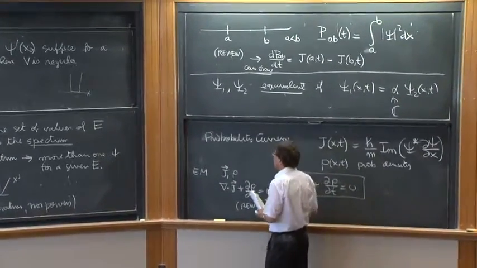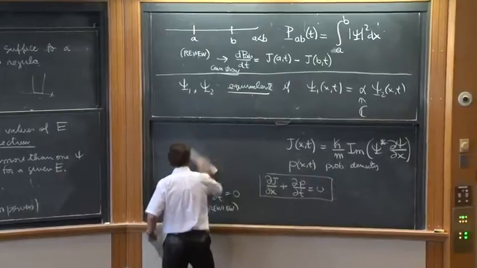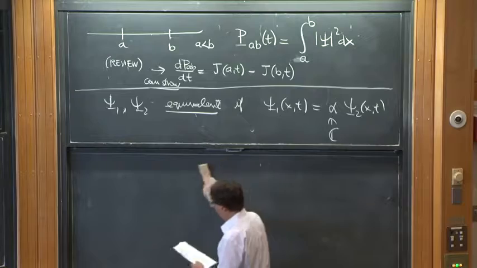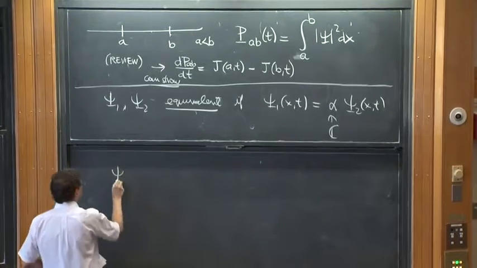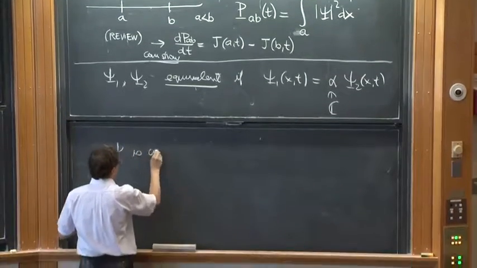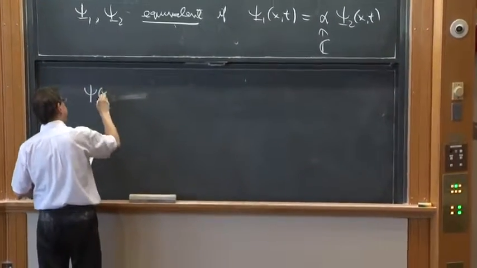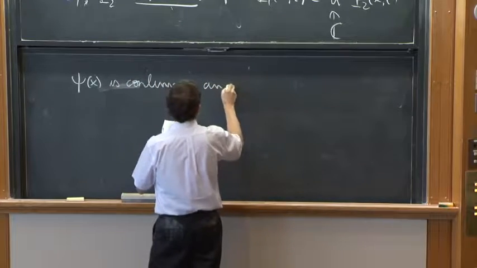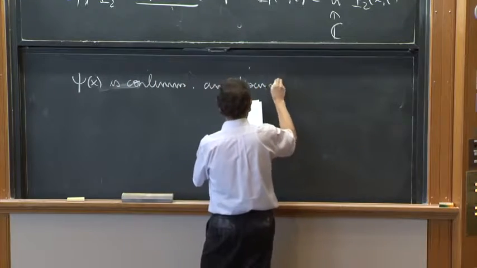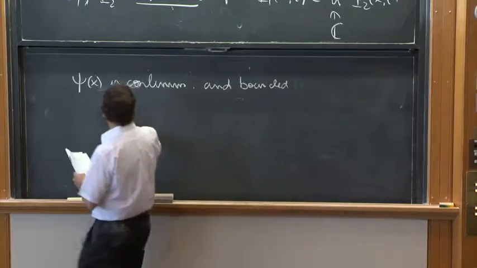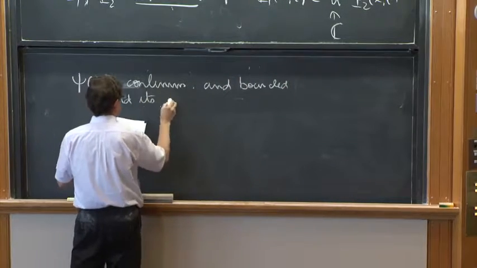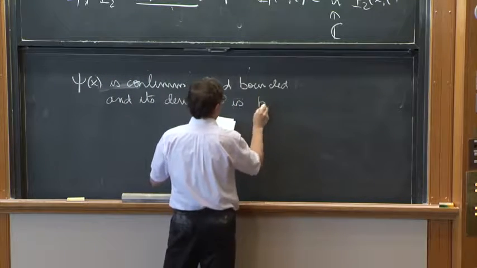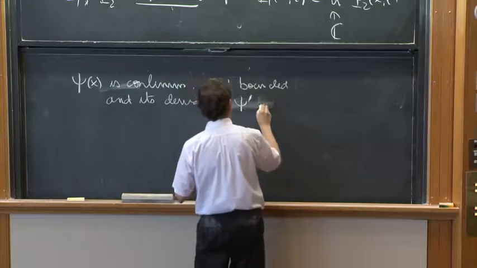For that, we will assume, and it will be completely consistent, to require the following for the wave function. Psi of x is continuous and bounded, and its derivative, psi prime, is bounded.